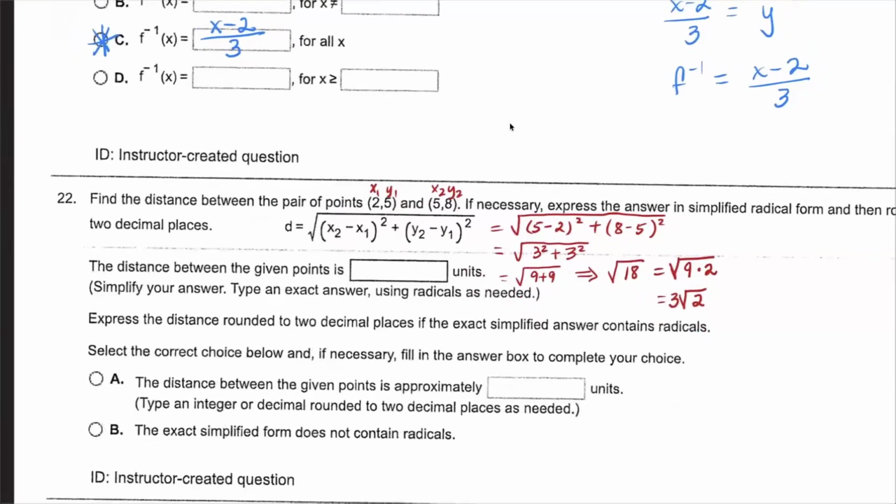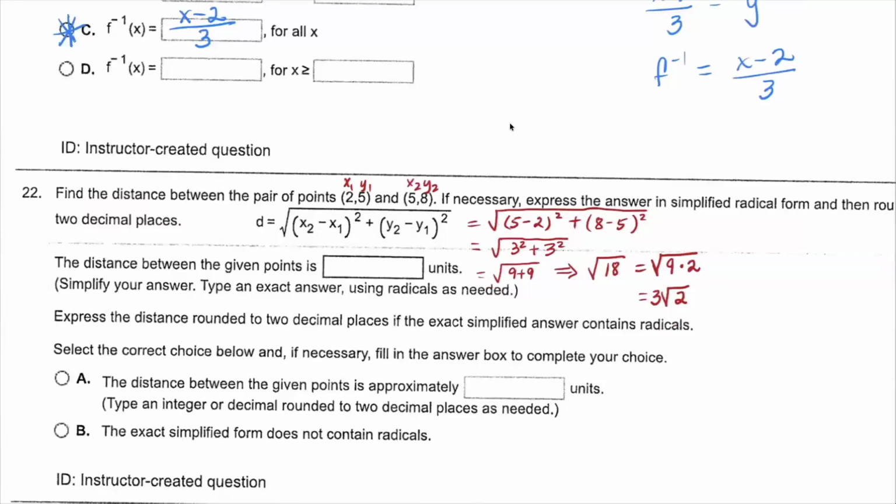So that is when they say, simplify your answer, type an exact answer using radicals as needed. Do not put the square root of 18, because yes, that's a radical, but that's not simplified. You don't want that one. You want the 3 rad 2 is the exact answer using radicals.